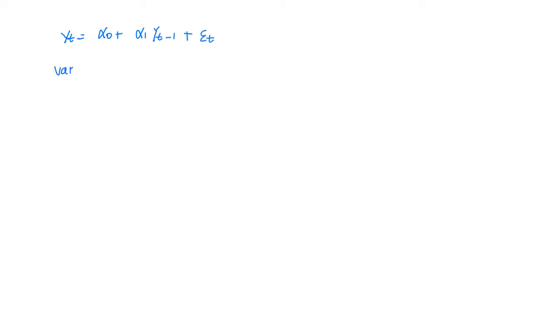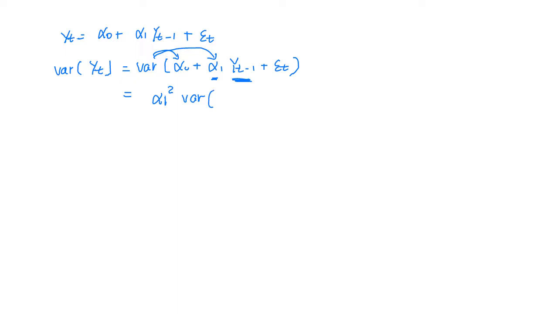Okay, and this time we use variance. Right, so what is the variance of yt now? The first term is not random, right? So non-random, we can just get rid of this. And now I have a coefficient in front of my random variable. So once again, using the rules of the variance operator, this is what I get.